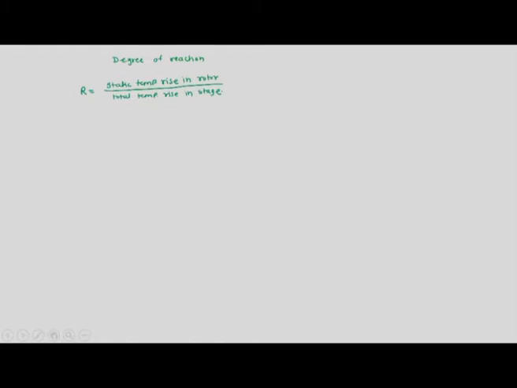So this is the definition of degree of reaction, or static enthalpy rise in the rotor divided by total enthalpy rise in the stage. So it is comparing the pressure rise in the rotor divided by the total complete pressure rise in the stage. So this is how degree of reaction is defined.